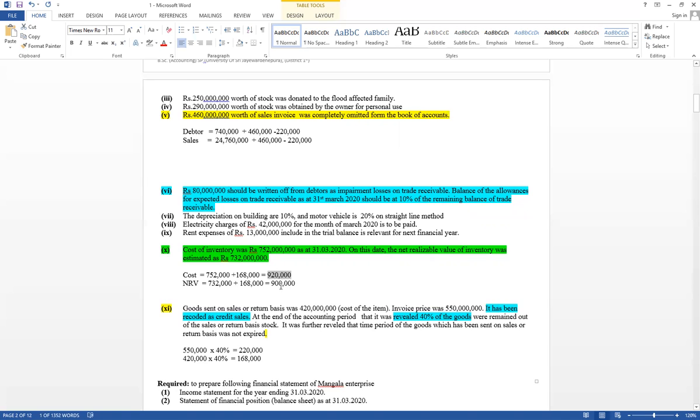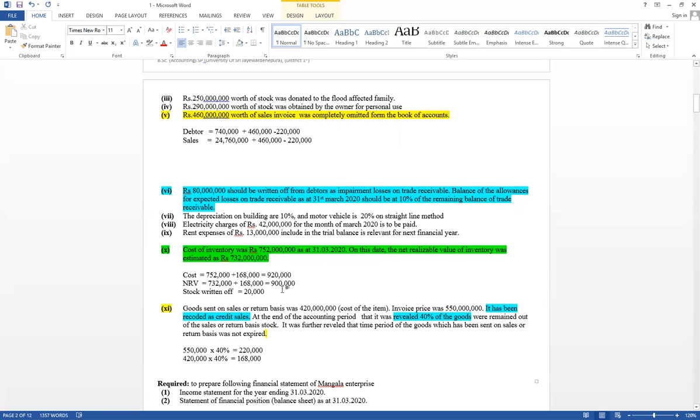Net realizable value is lower. Therefore, under current assets, inventory should be included at 900,000. NRV is lower than the cost value, and the difference of 20,000 should be considered as stock written off. Therefore, stock written off equals the difference between NRV and cost value, which is 20,000.